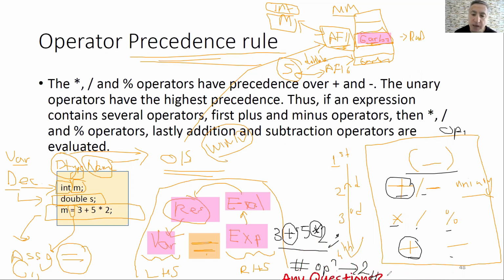Now, do you think that this operator is a unary operator, which means positive or negative, or a binary operator, which means addition? So what kind of operator is this plus?